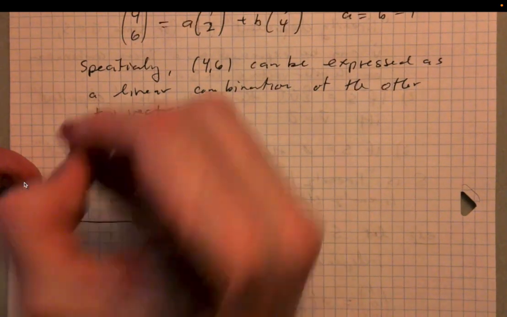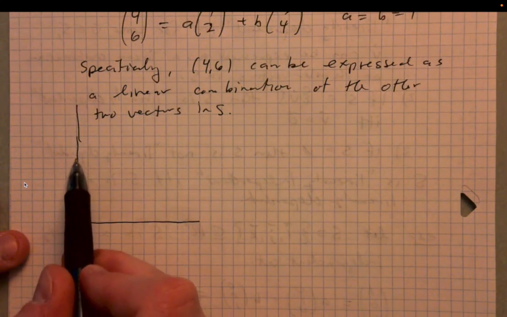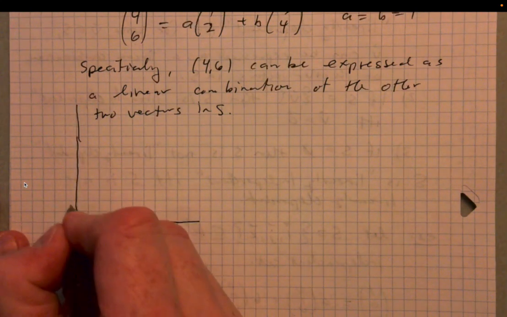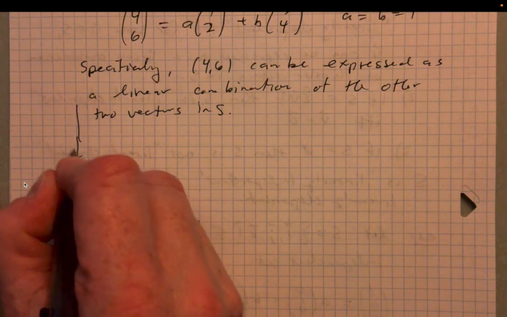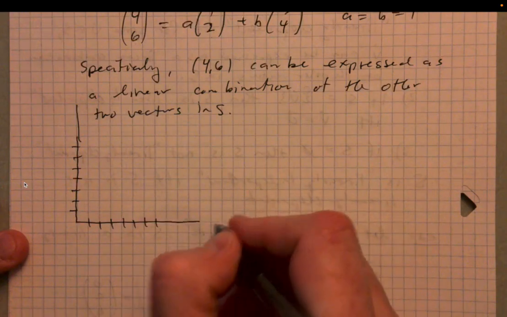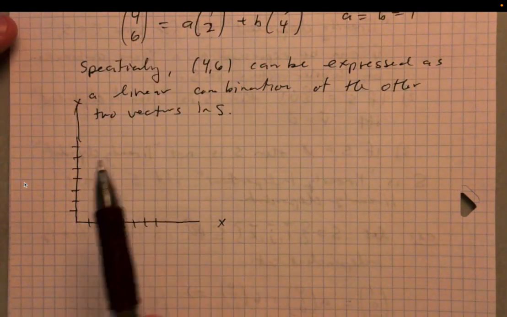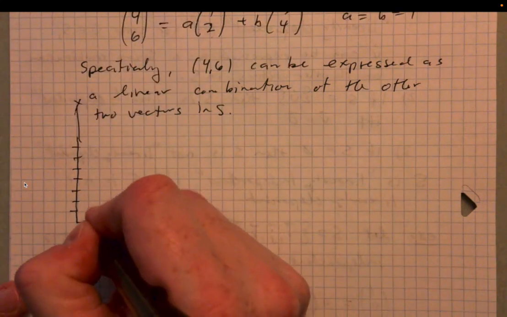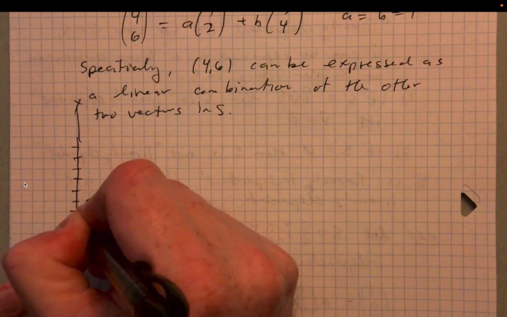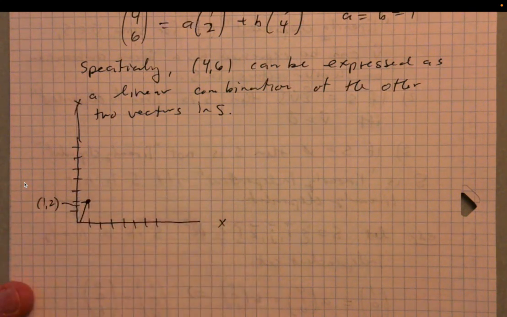So let's just make it kind of small, and mark off the x and y axis here for a few values. Let's put in the first vector (1, 2). So it's 1 over, 2 up, right here. So that's that guy.